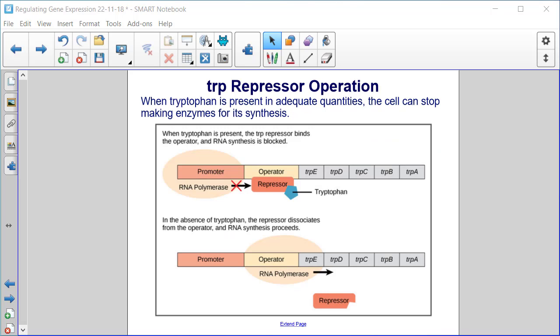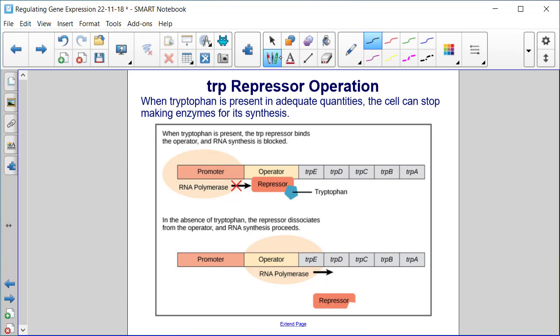Here's a visual of the TRP repressor operation. When tryptophan is present in adequate quantities, the cell can stop making enzymes for its synthesis. So when tryptophan is present, it binds the TRP repressor, and the repressor binds the operator. And when that happens, the RNA synthesis by the RNA polymerase is blocked.